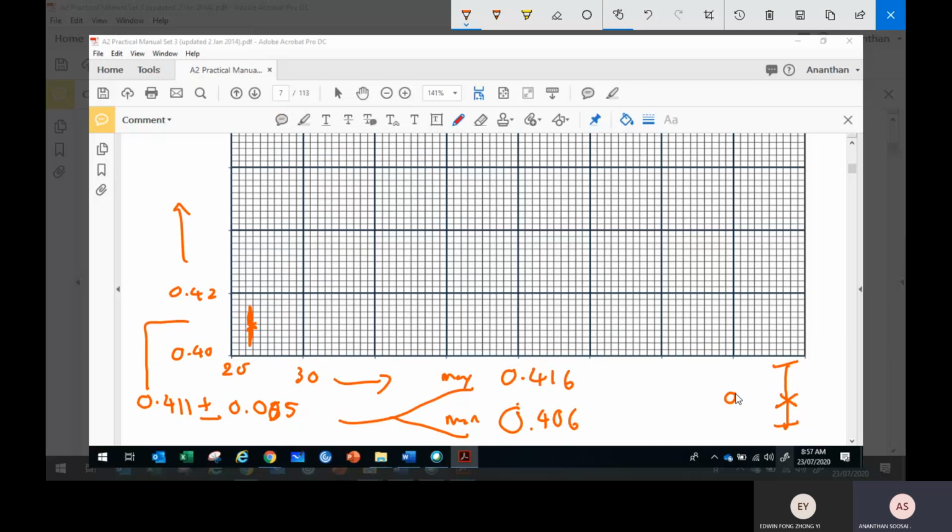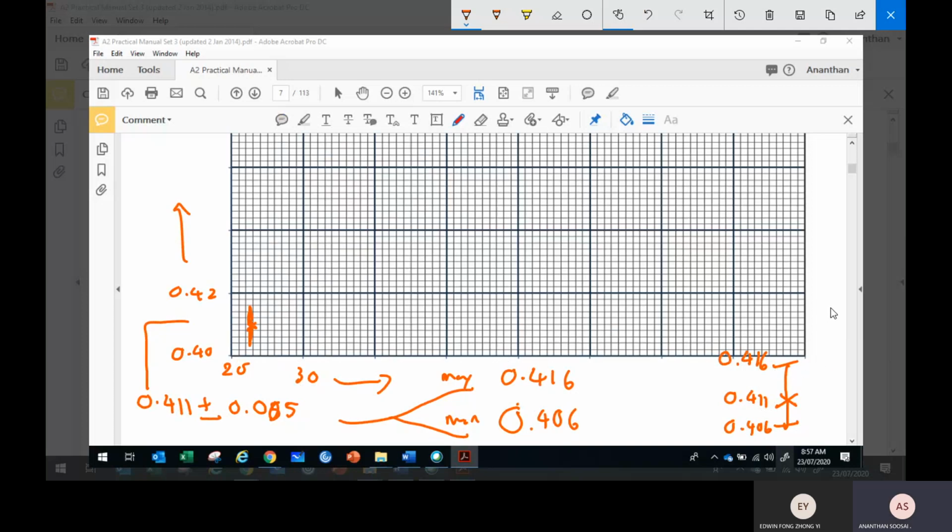This is your 0.411, your actual cross. This will be your maximum value. You can go 0.416, and this will be 0.406. This is called error bar.